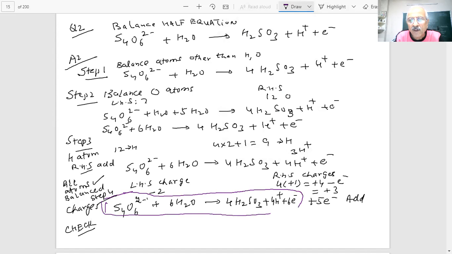Is it balanced? Half equation has been balanced, yes or no, students? If there is any doubt, you will let me know.